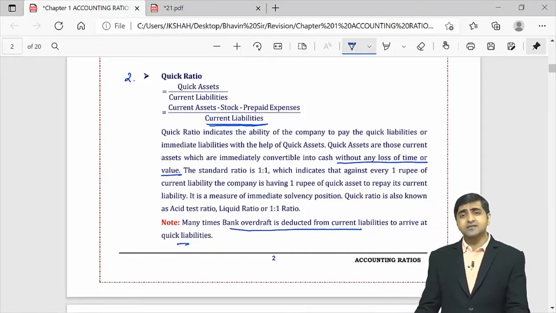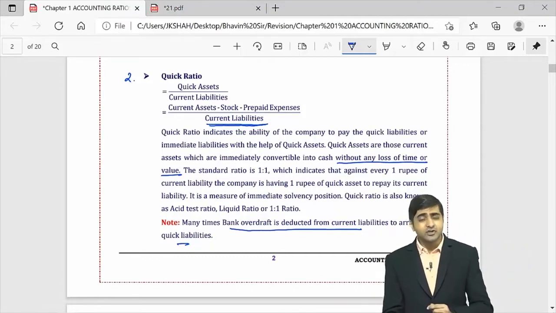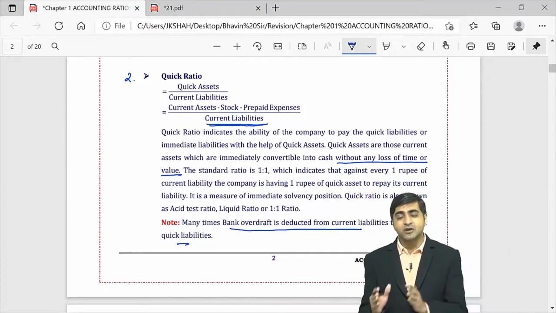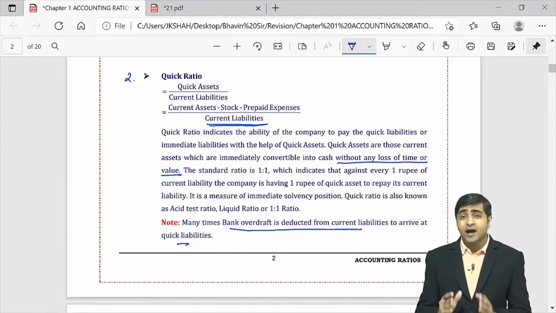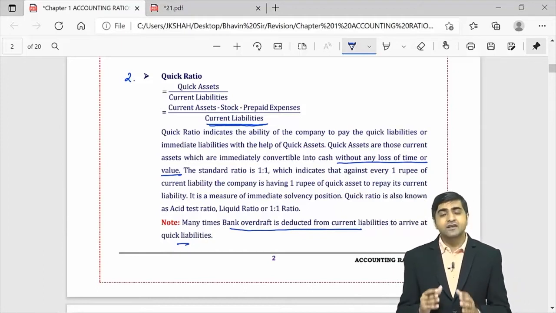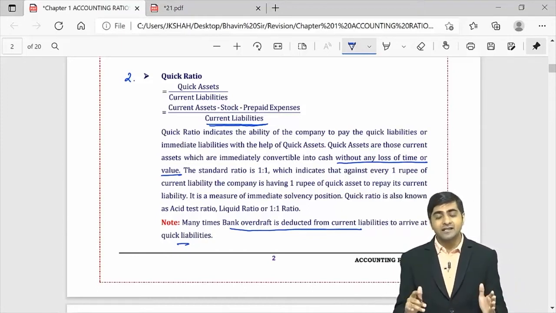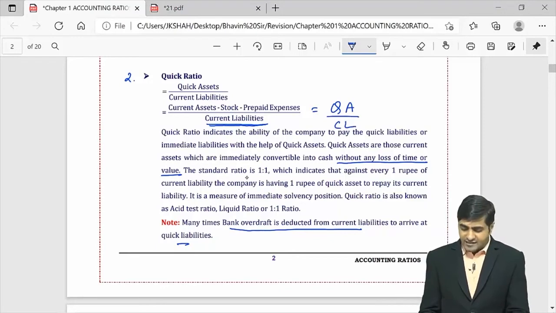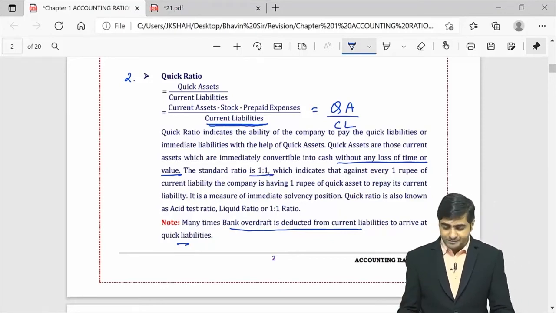Okay. So guys, for the quick ratio, we have to take current assets minus stock minus prepaid expenses, because stock and prepaid expenses both are your non-quick assets, which we need to eliminate from the current assets so that we get our quick assets, and we divide that by your current liabilities. Guys, the standard ratio for this is 1:1.